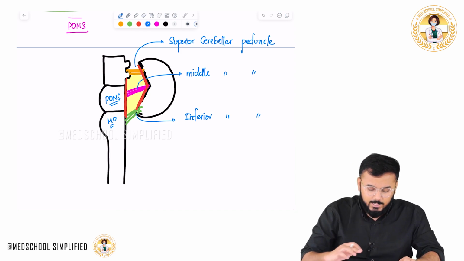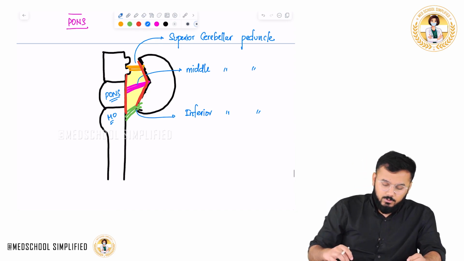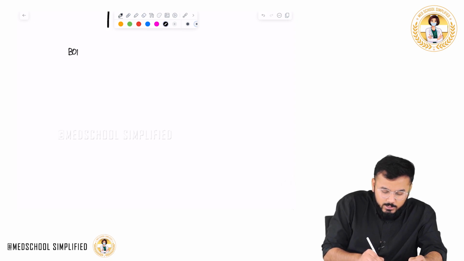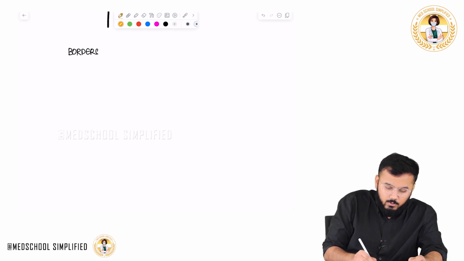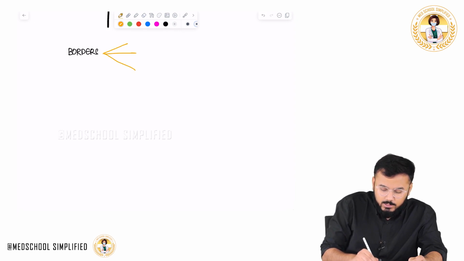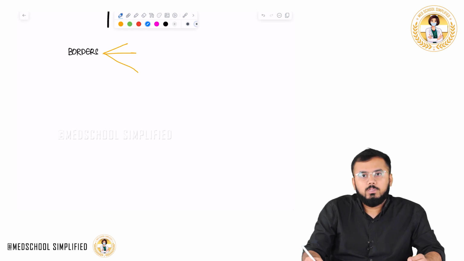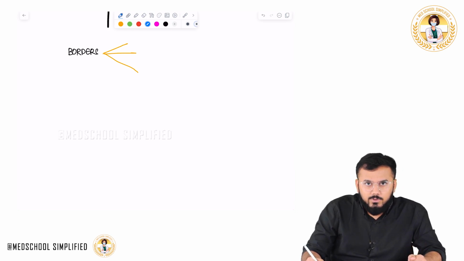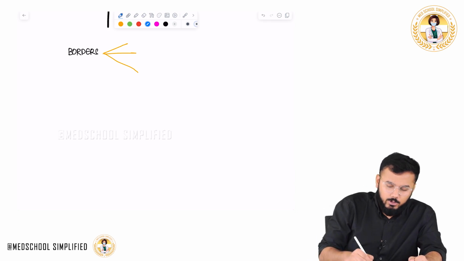So laterally this is how the pons looks. First of all, let us discuss what kinds of borders the pons has. Pons basically has three different types of border: one is called the superior border, one is called the inferior border, and another is called the lateral border.